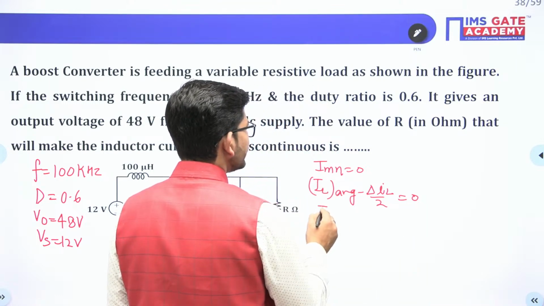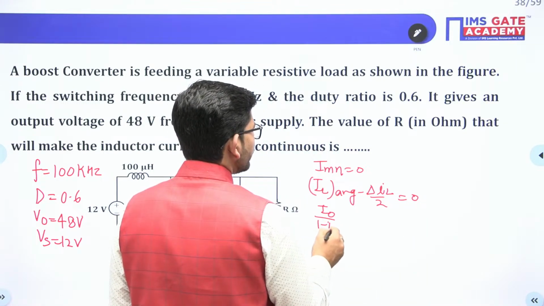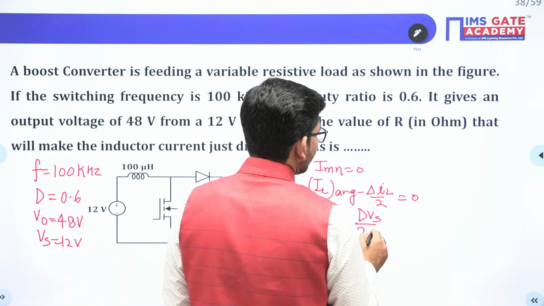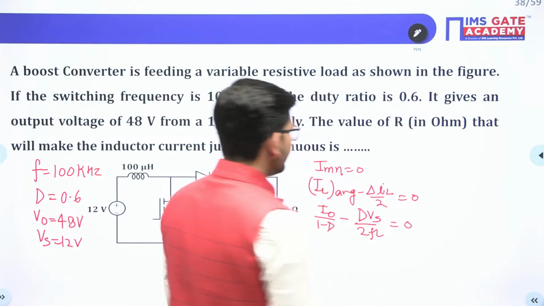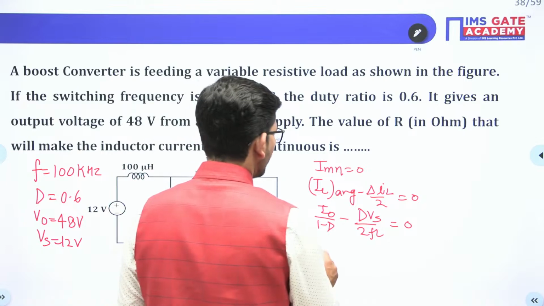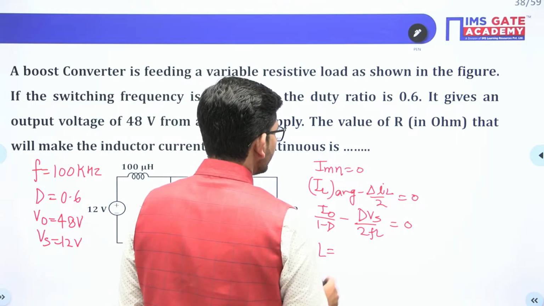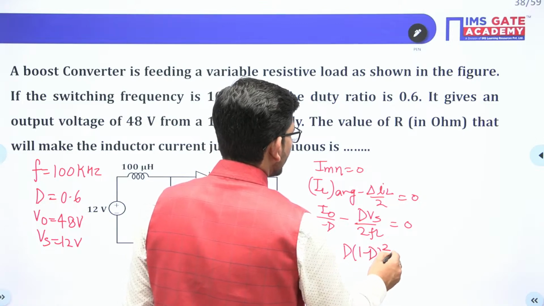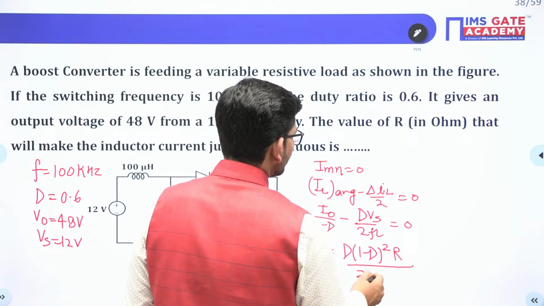Now IL average here is I naught upon 1 minus D, and del IL is D Vs upon F L. So finally when you put the value of I naught as well and solve it, you will get the value of L to be D into (1 minus D) square R by 2F.